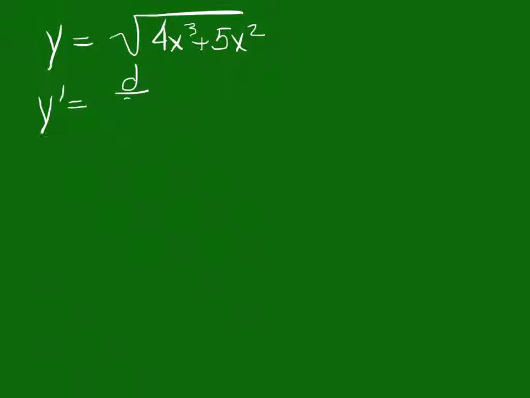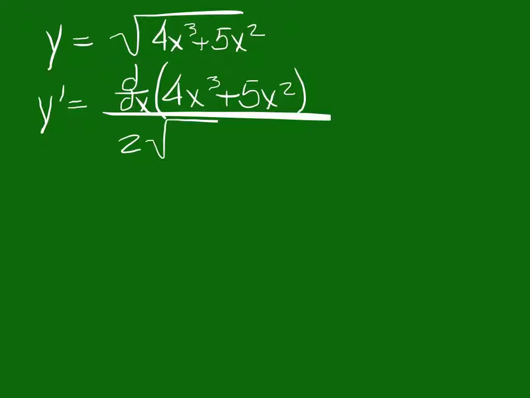This will be an example of the chain rule, and the problem is the square root of 4x to the 3rd plus 5x squared. We want the derivative of that. So to find that, we need the derivative of the item under the radical sign, which is 4x to the 3rd plus 5x squared, and all of that over 2 times the radical quantity, square root of 4x to the 3rd plus 5x squared.